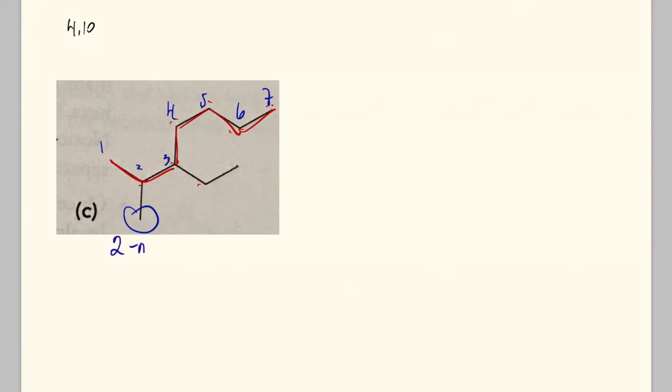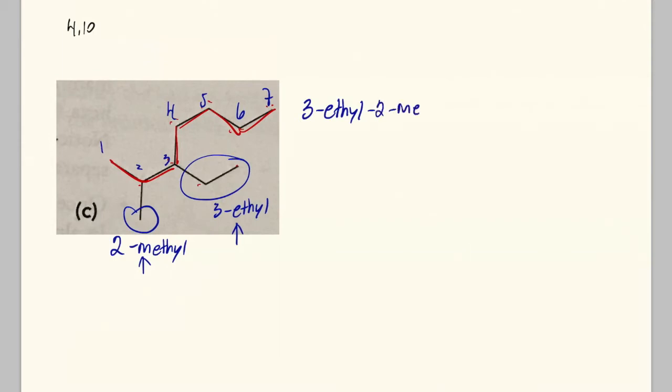So we've got a methyl group at carbon 2, and at carbon 3 we have an ethyl group. Now when you alphabetize, you want to alphabetize based on the letter. So when we assemble this name, we want to say 3-ethyl, 2-methyl, and then the parent chain.